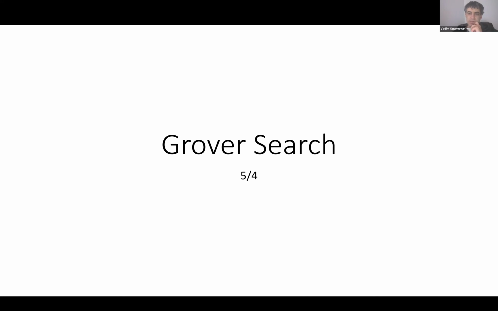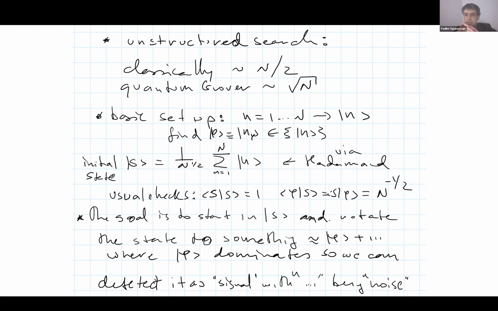Let's just keep going. So what is search? Usually, I think we're generally used to somewhat structured searches, right? That's why we have the alphabet. That's why we have the numerical system.